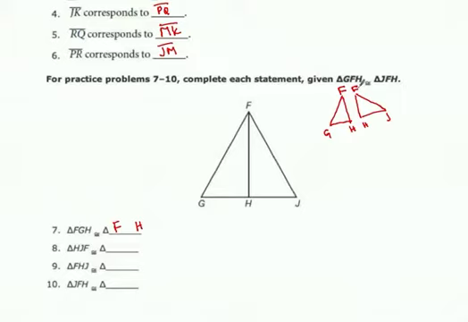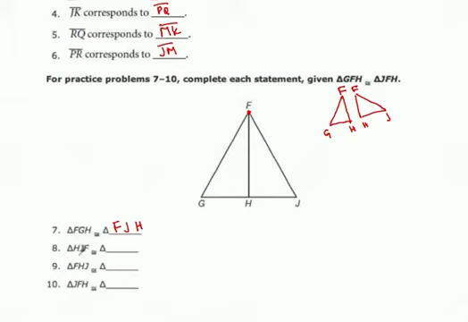F is going to correspond with F because these two pieces of these two separate triangles meet in the same place. So then I just have to say, well, what corresponds to G? Looking at this other triangle, J would correspond to G. So that means triangle FGH is going to be congruent to triangle FJH.